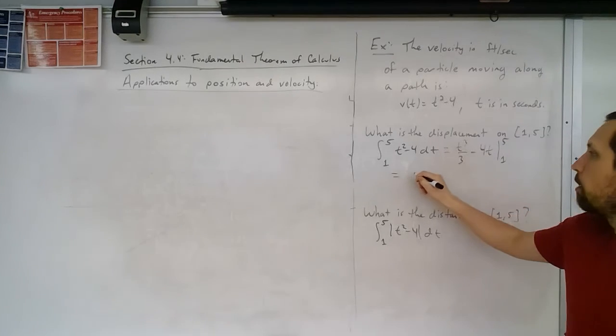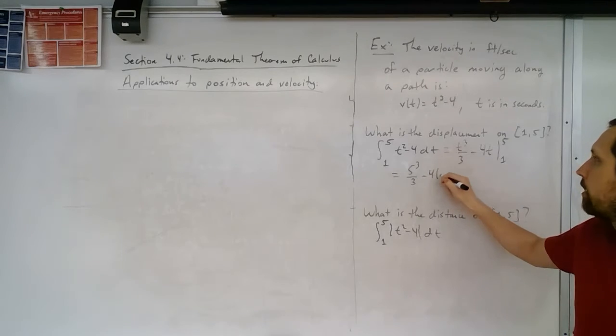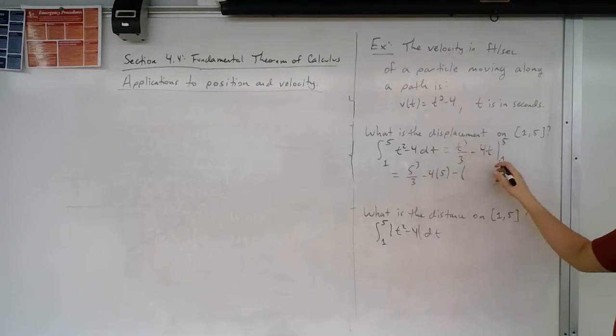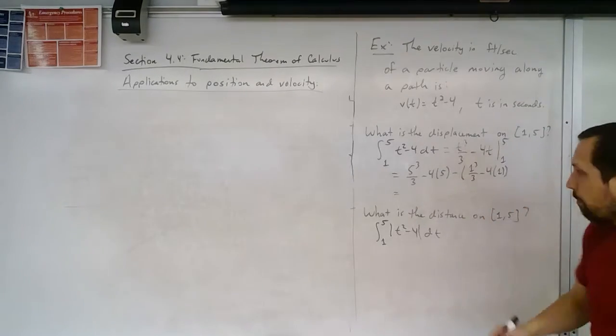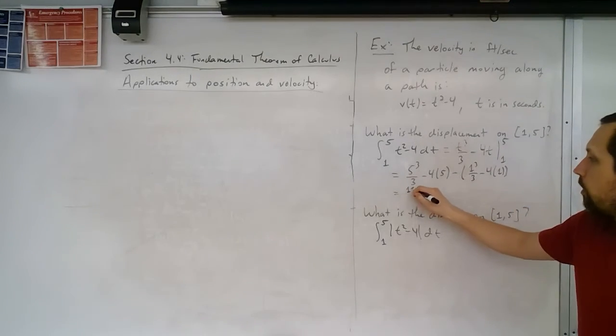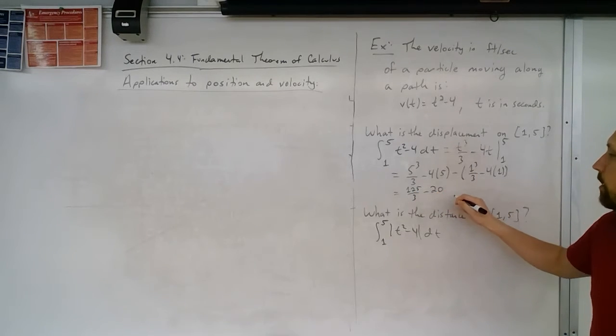I plug in the top number first, so I have 5 cubed divided by 3 minus 4 times 5. And I subtract off when I plug in 1: 1 cubed over 3 minus 4 times 1. So this would be 125 divided by 3. So I have 125 divided by 3 minus 20.